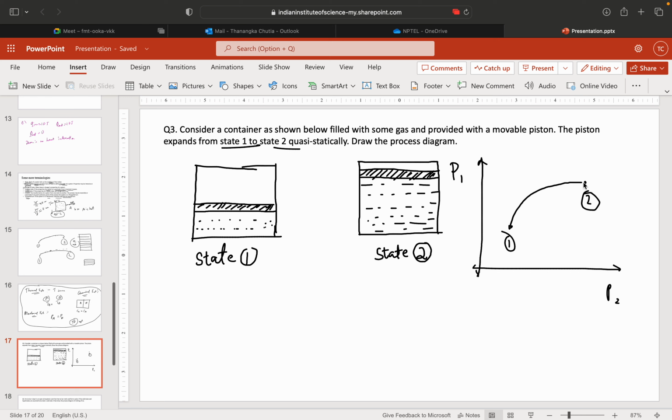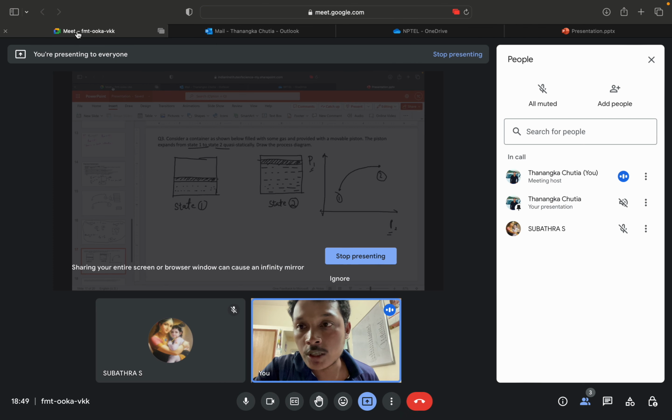Because you know each and every point that exists between these two points. That's why it is quasi-static, and at each and every point it stopped, and at each and every point you have taken the measurements of the parameters P1 and P2. Understood? That's why you have got a very smooth curve without any break.